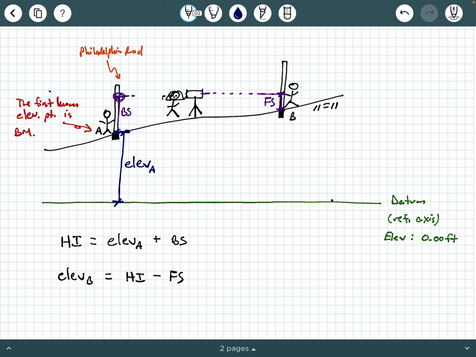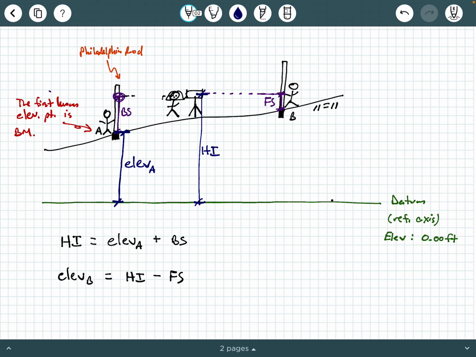Again, if it's your first known elevation in the process, you often call it a benchmark, okay? So if you just look at the 2 dimension lines, if you say elevation of point A plus backsite, what do you get? Well, you get this dimension here. That's from the datum to the line of sight of the instrument, and that's the HI, okay?